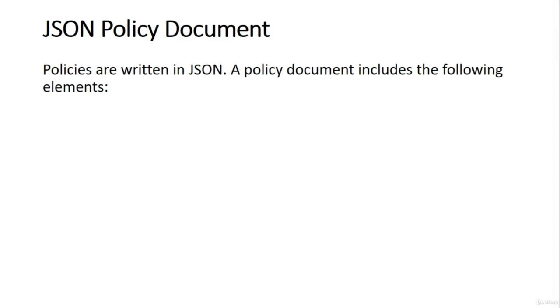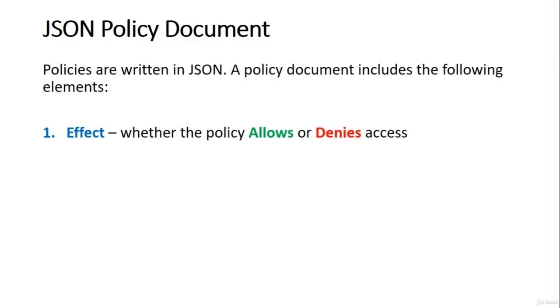Now we'll see briefly JSON policy document. Policies are written in JSON. JSON is JavaScript object notation. It is a lightweight data interchange format. It is easy for humans to read and write, and for machines it is easy to parse and generate output. So it's both user as well as machine friendly.